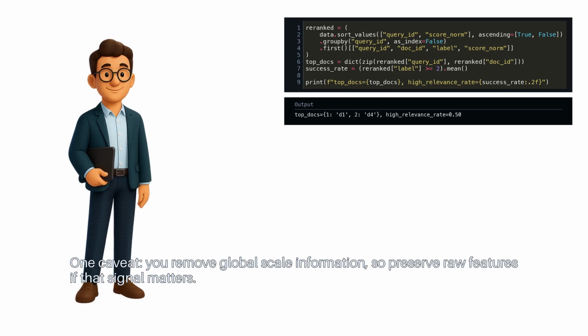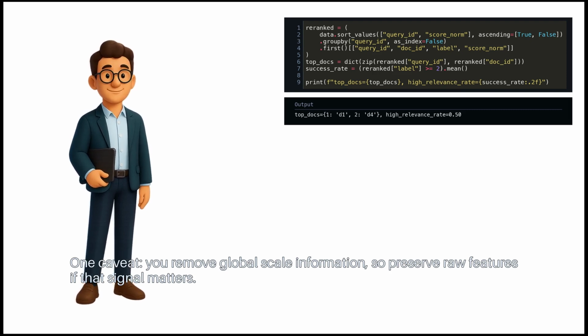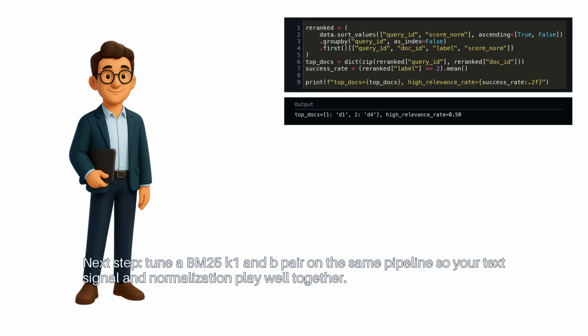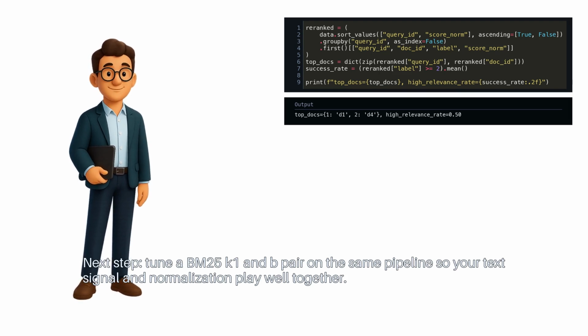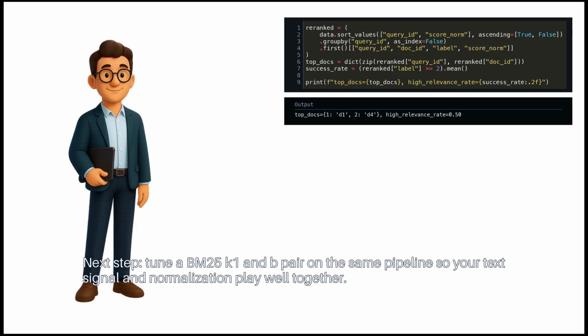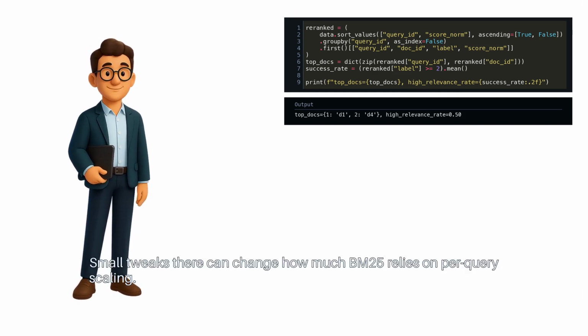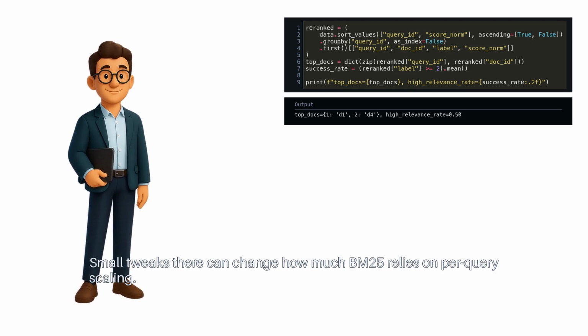One caveat: you remove global scale information, so preserve raw features if that signal matters. Next step: tune a BM25 k1 and b pair on the same pipeline, so your text signal and normalization play well together. Small tweaks there can change how much BM25 relies on per-query scaling.